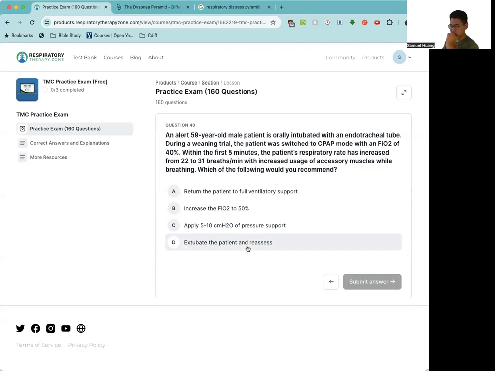Perhaps they failed SBT, increase FiO2. It's not going to do anything. It'd be nice to know what the CPAP mode was. They failed SBT.